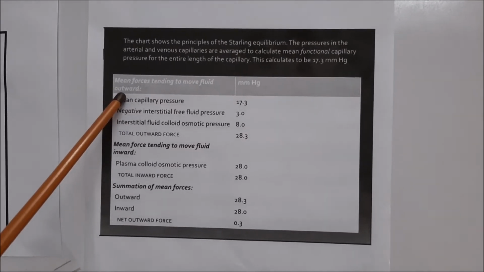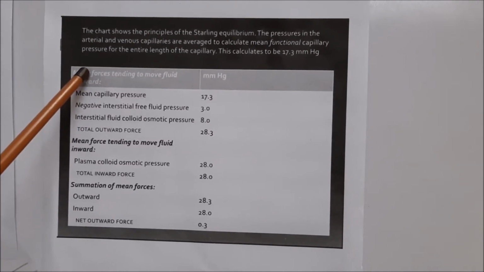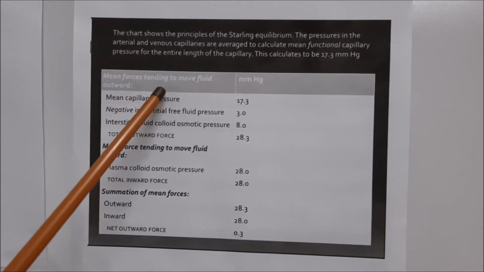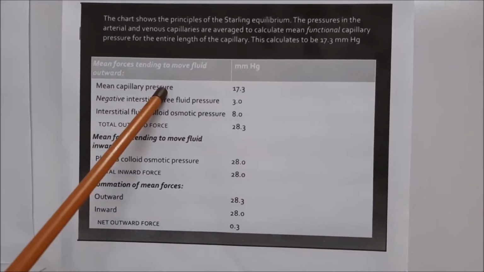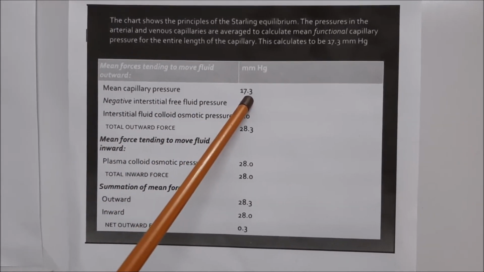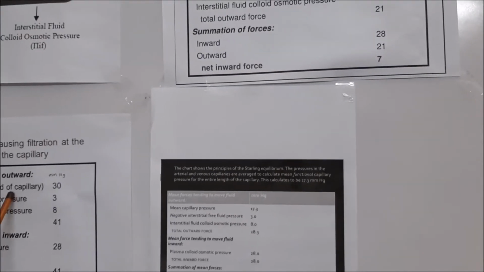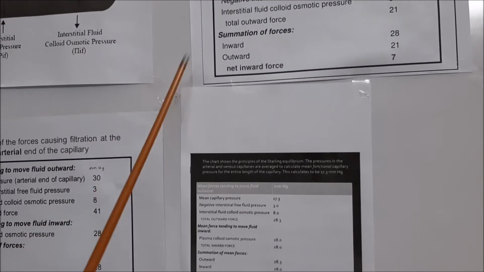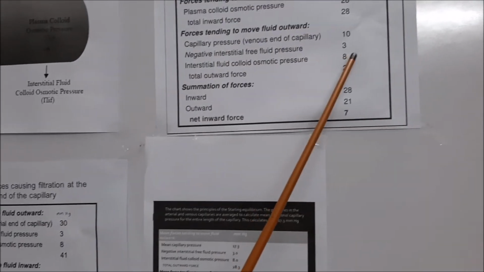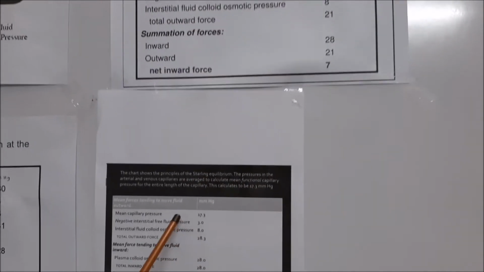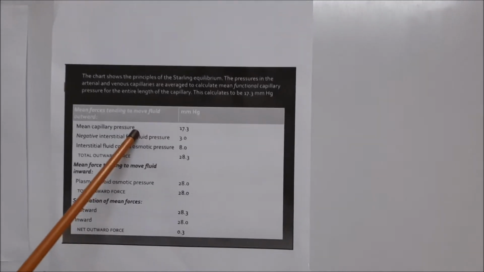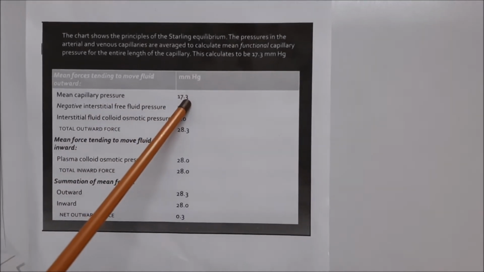What are the forces that move fluid outwards? One is mean capillary pressure, which is 17.3. Here you have seen the arterial end is 30 and venous end is 10, but in Starling's equilibrium the mean average capillary pressure is 17.3.